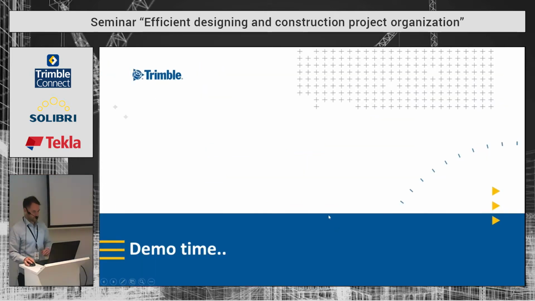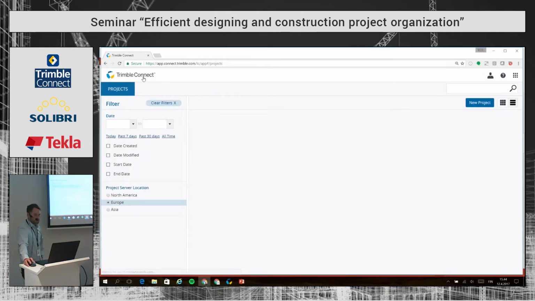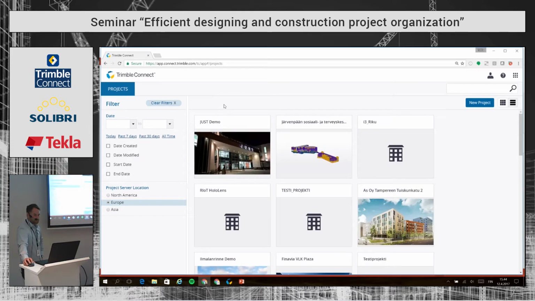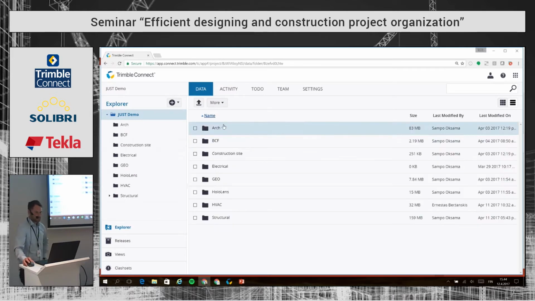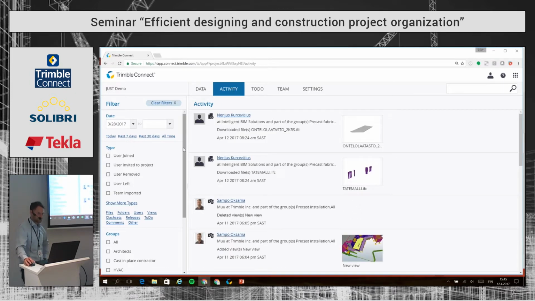But let's jump then into the demo, and of course, as a project engineer, I want to check what's happening in my project lately. I got a to-do that there are some changes in my project. I got an email from that, and now, of course, the easiest way is to go to the website. So what I can do is go to Trimble Connect, the web version, open the project that I'm working with, and the easiest way, like I mentioned, is to jump to the Activity tab, where I can see all the things that are happening in my project.